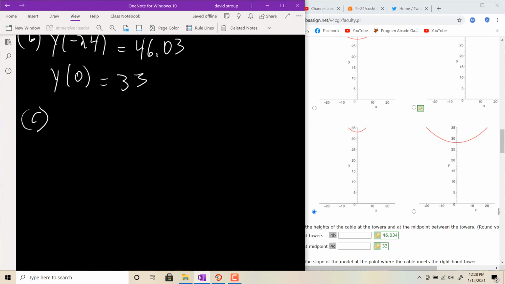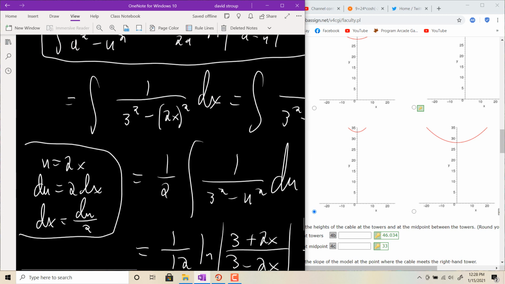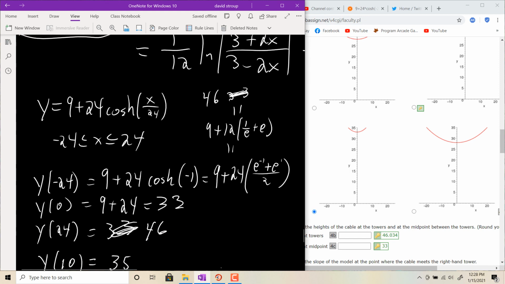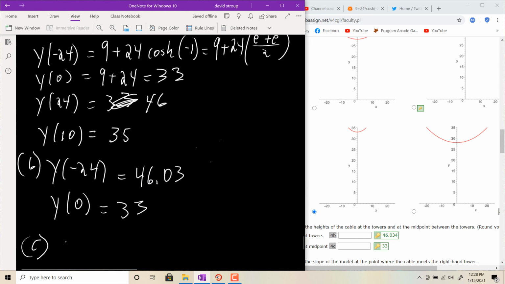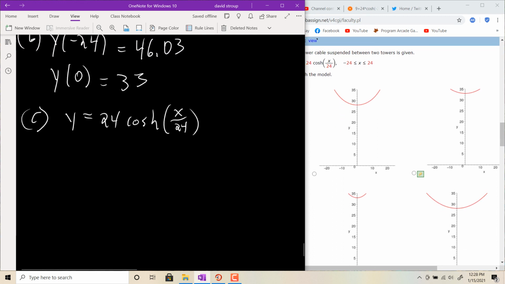And then find the slope of the model at the point where the cable meets the right-hand tower. So for slope, remember derivative is kind of the turbo version of slope. Derivatives are all about slope. So we need to get the derivative of that thing. The model is 24 cosh of x over 24. So y prime is 24 sinh of x over 24 times the derivative of x over 24, which is 1 over 24.